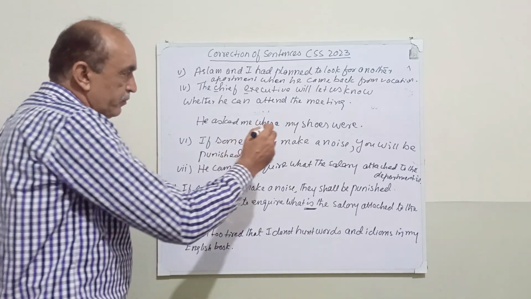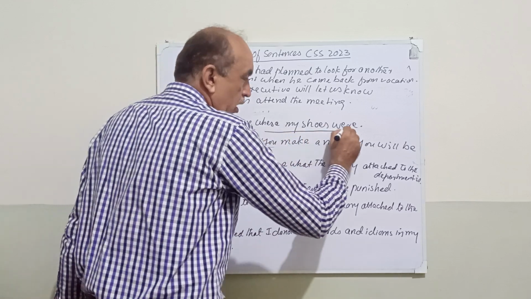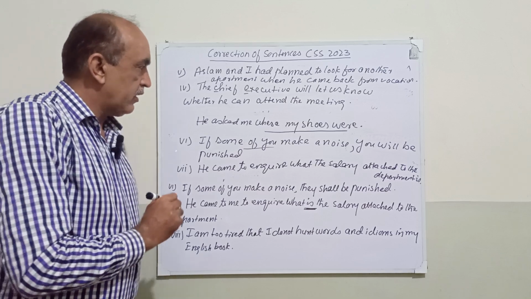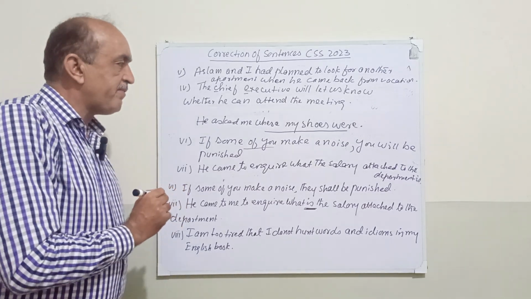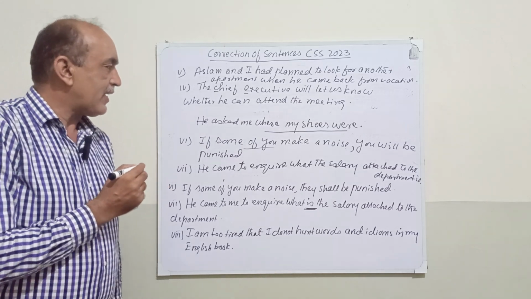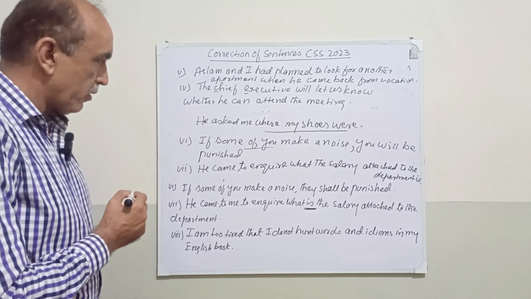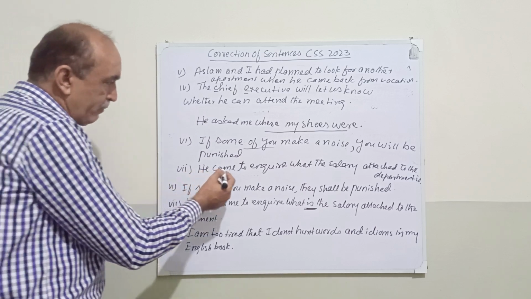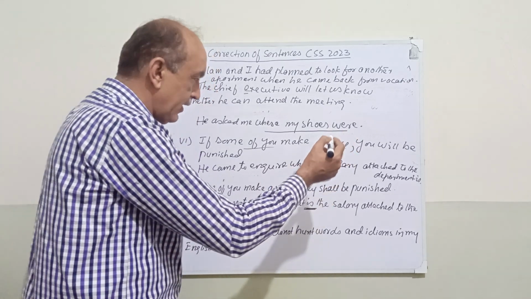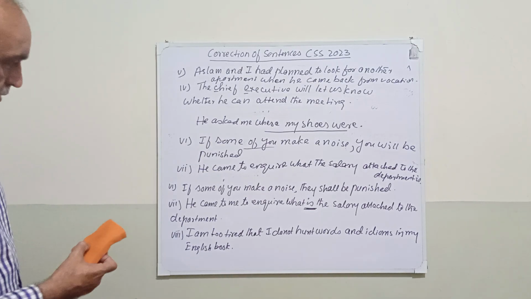Now it means that we have to change this sentence into affirmative word order. If we write it like this, he asked me where were my shoes, it will be wrong. So here, he came to inquire what the salary attached to the department is. Now here we have changed this.